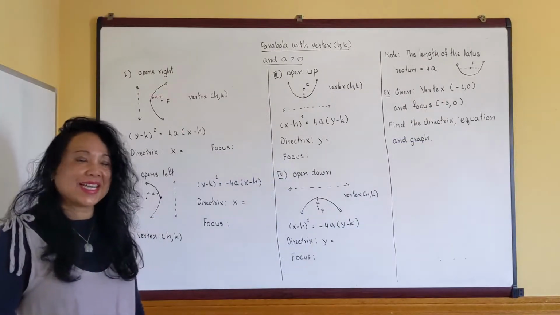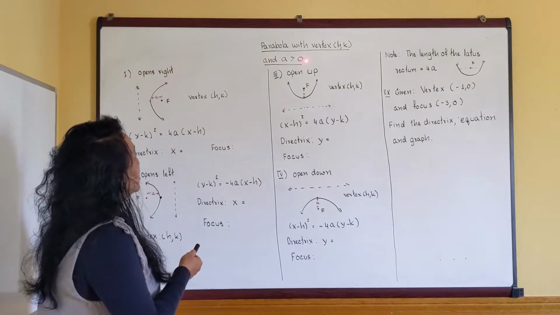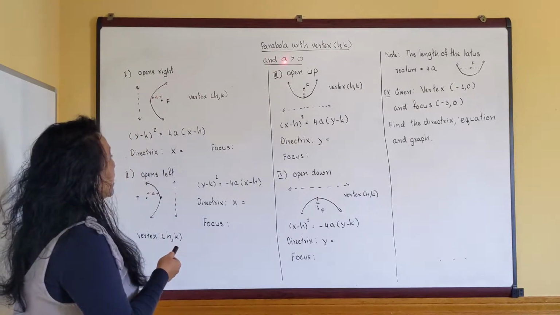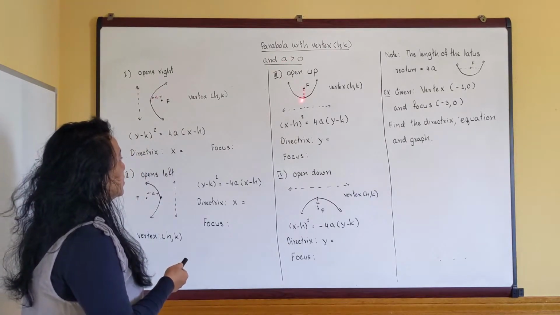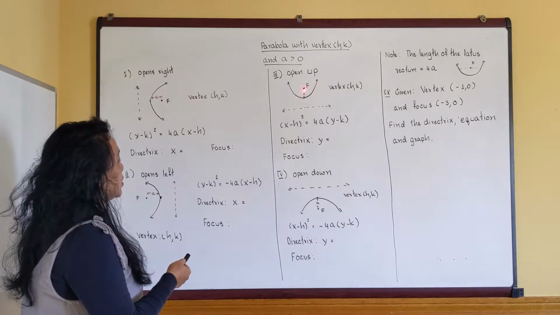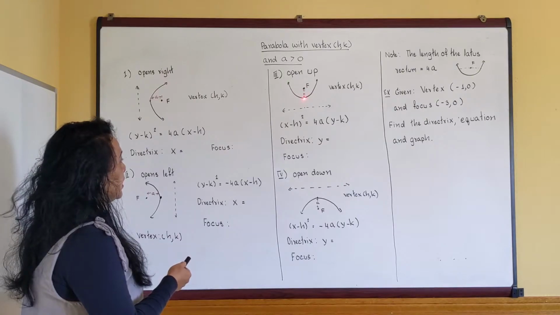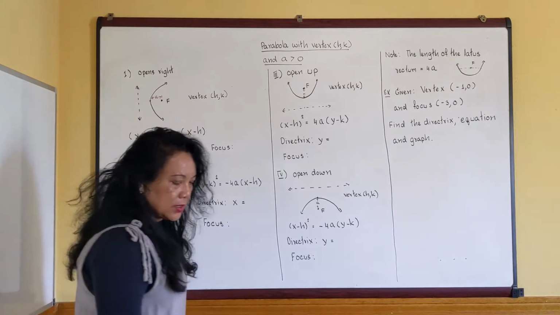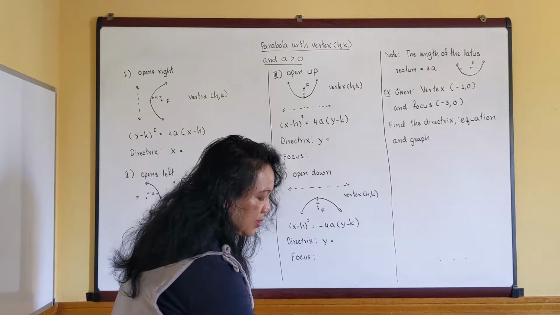Okay, let's look at an example of the parabola with vertex (h, k) and A. A here is the distance from the vertex to the focus, which is equal to the distance from the vertex to the directrix. All right, and A is positive. So let's look at the first one.